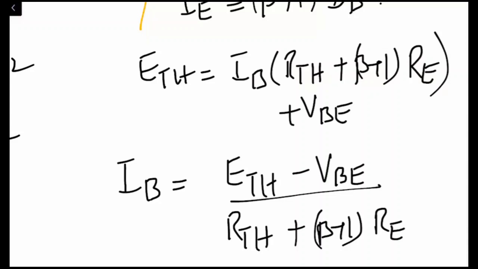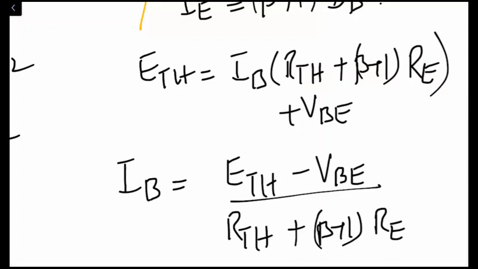And once we do not have any resistance in the emitter leg, if the beta changes, there is a direct impact on the variation in the collector current, right?